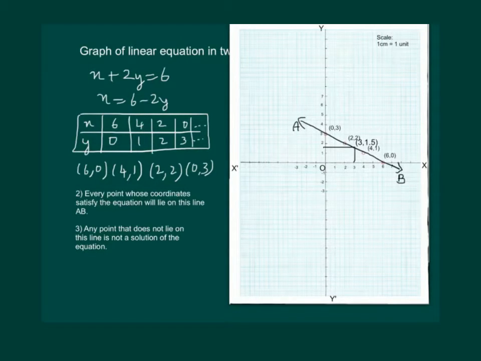Thirdly, any point that does not lie on this line is not a solution of the equation. For example, point (1, 0) will not satisfy this equation. You can check by substituting in the left hand side. And lastly, a linear equation is so called as its geometrical representation is a line.